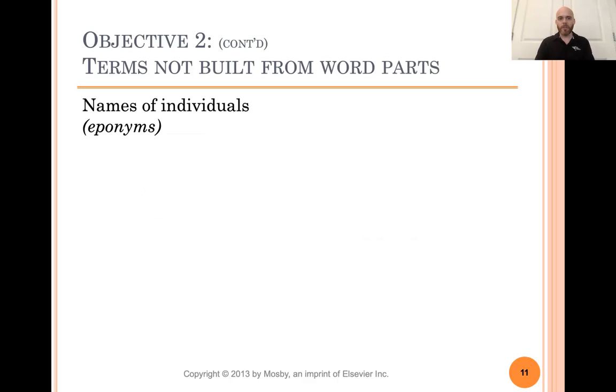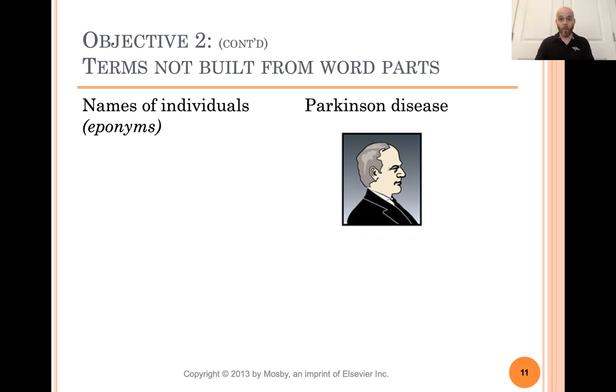Okay, now there are some words in medical language that you've probably already been thinking about that are not built from word parts, such as names of individuals. These are known as eponyms, such as Parkinson's disease. The way Parkinson's disease got its name, it was the doctor that discovered Parkinson's disease and how it works.